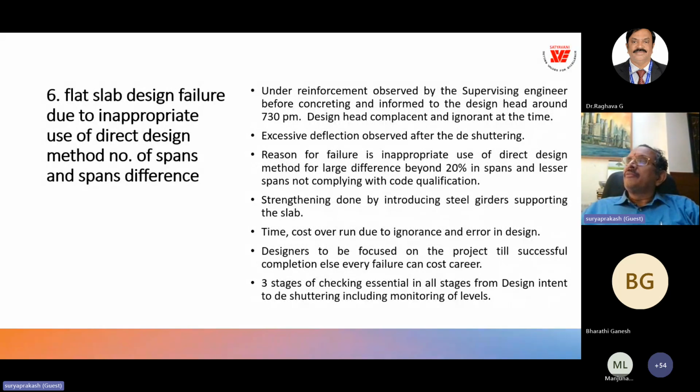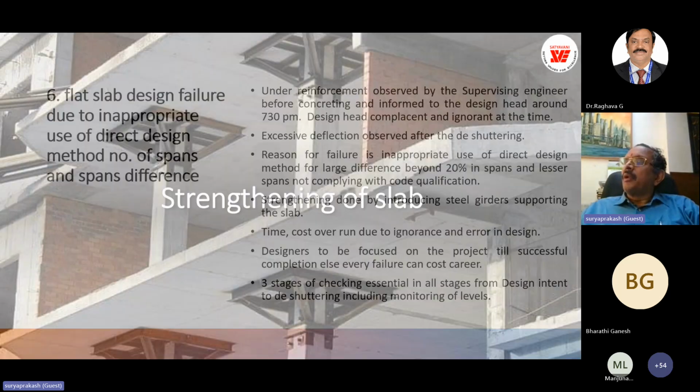Next is the flat slab design failure due to inappropriate use of the direct design method. We all know that the span-to-span difference should not be more than 20%, and the minimum number of spans should be more than 3, and there should be proper plate analysis nowadays for this flat slab, without which these problems happen.